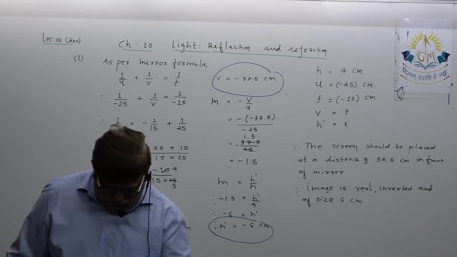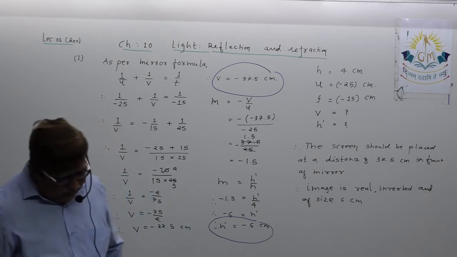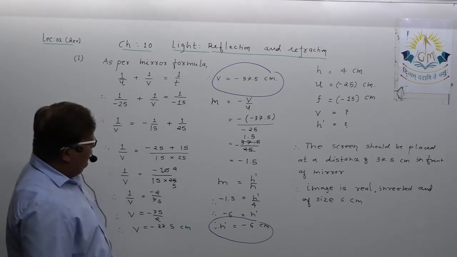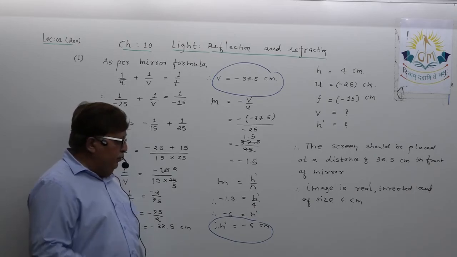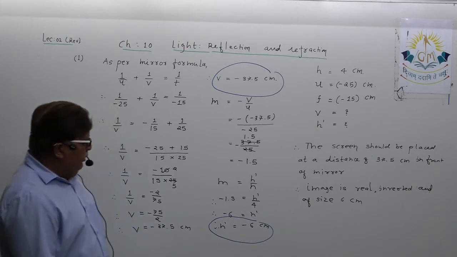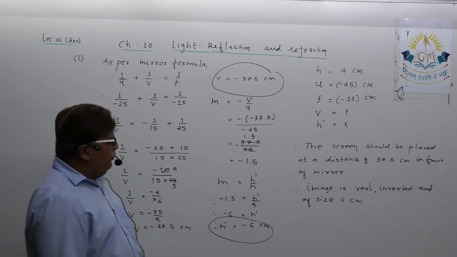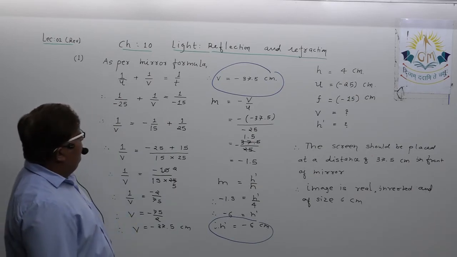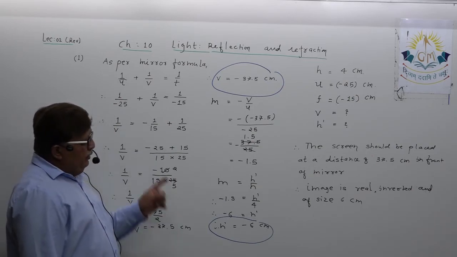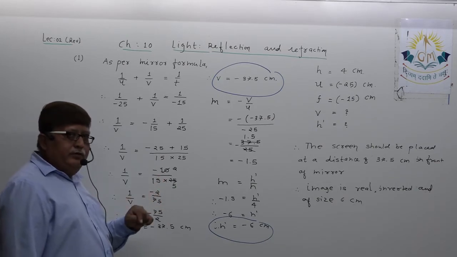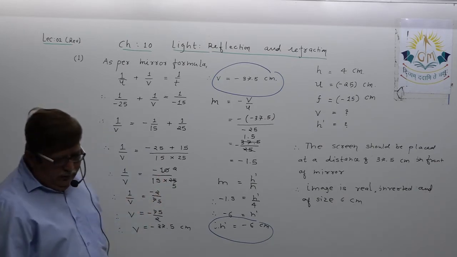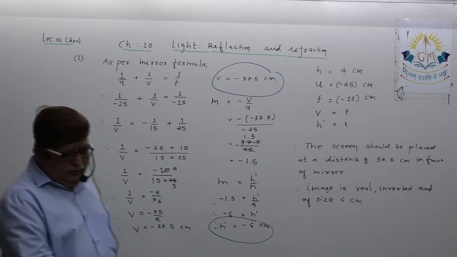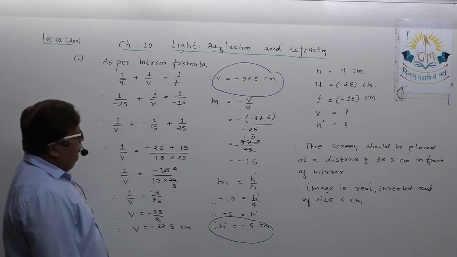The second example is also regarding the concave mirror I have given. You just have a look at the sum. And then, dear student, the second example of the PDF, that also we are just now discussing on the board.